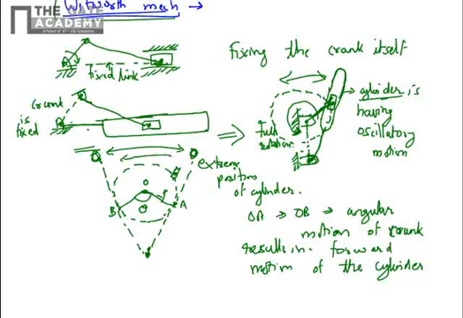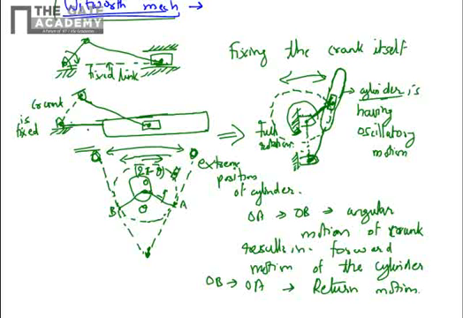So this is the forward motion OA to OB. So the angle for that is 2 pi minus theta in radians, and for return while coming back, the motion is from OB to OA, that is return motion of the cylinder.